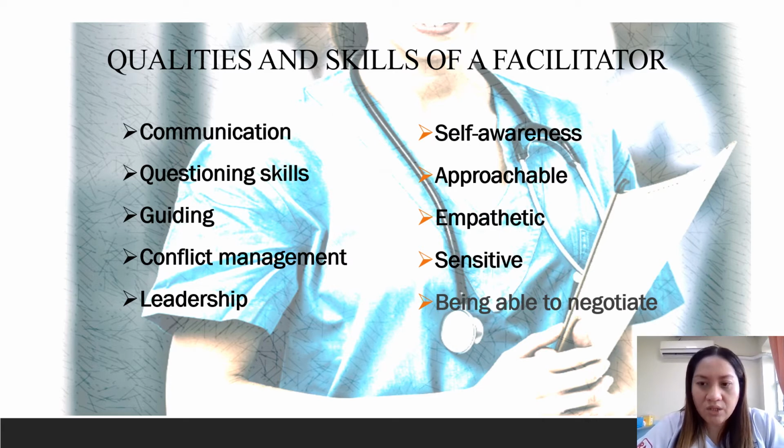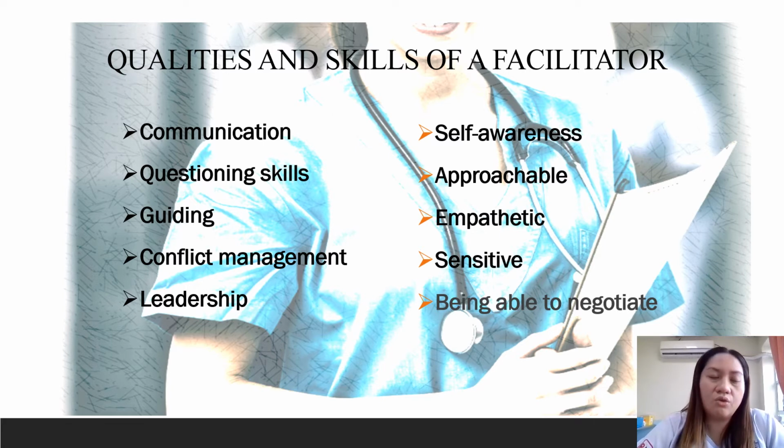Conflict management, so you should know how to settle things, especially when you will be assessing patients and also the family members. You may encounter conflicts between them or with other health providers, so you must be able to address and know the process of conflict management.